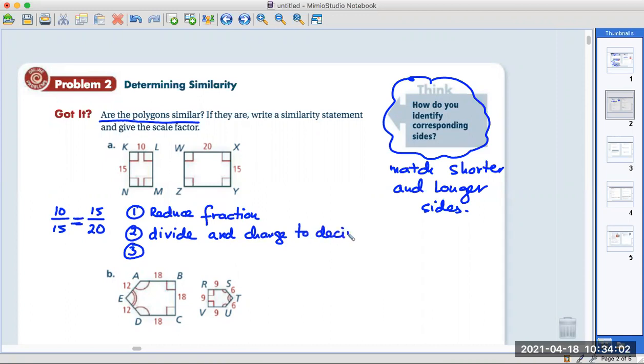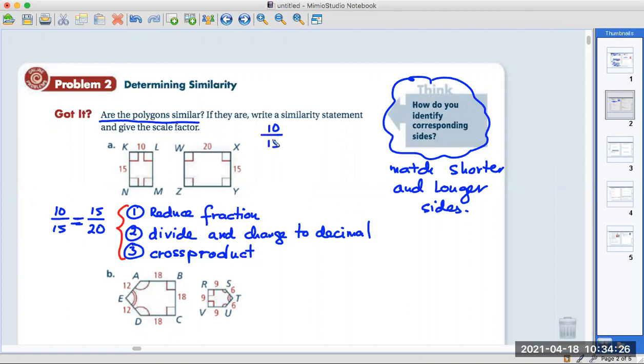And then you compare, are they matching or not? Or you can do the cross product and see if the numbers match. If they match, it's similar. So these are your choices. Do one of these, okay? Which one you please? I'm going to show you all 3. So I'm going to start up here.